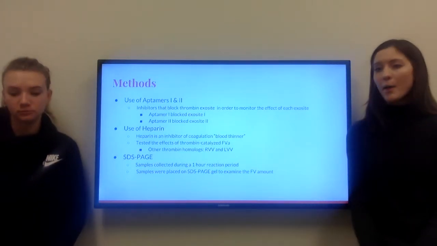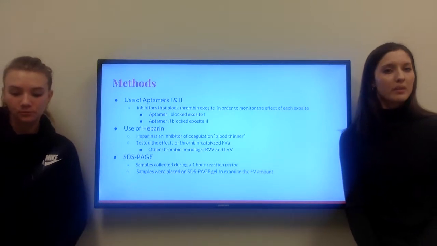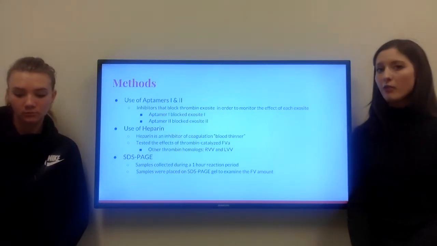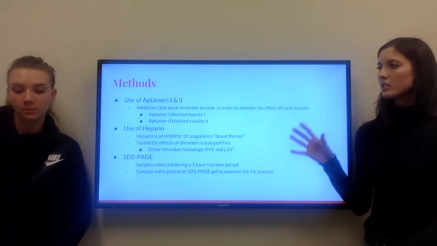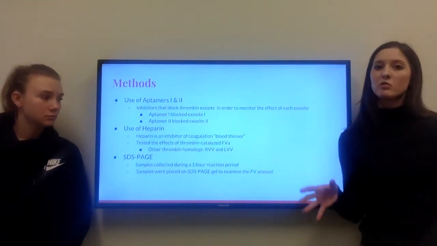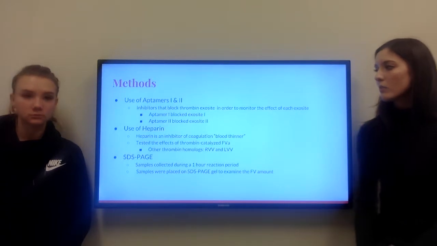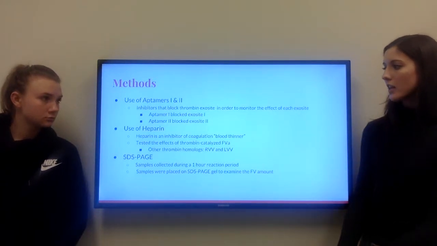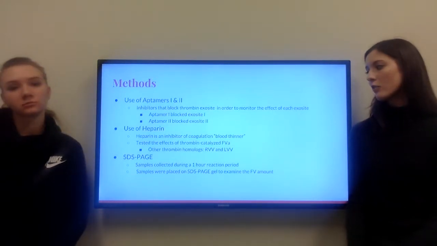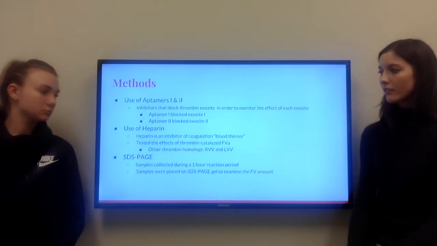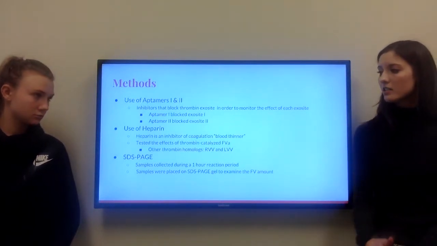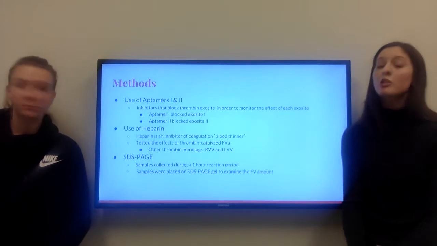It is known to interact with thrombin's exosite 2, but they're not really sure how. So this was their first dip into seeing how the inhibition by heparin is actually affecting exosite 2. They wanted to start off with that, and they did that by testing the catalyzed thrombin activation levels of factor 5.